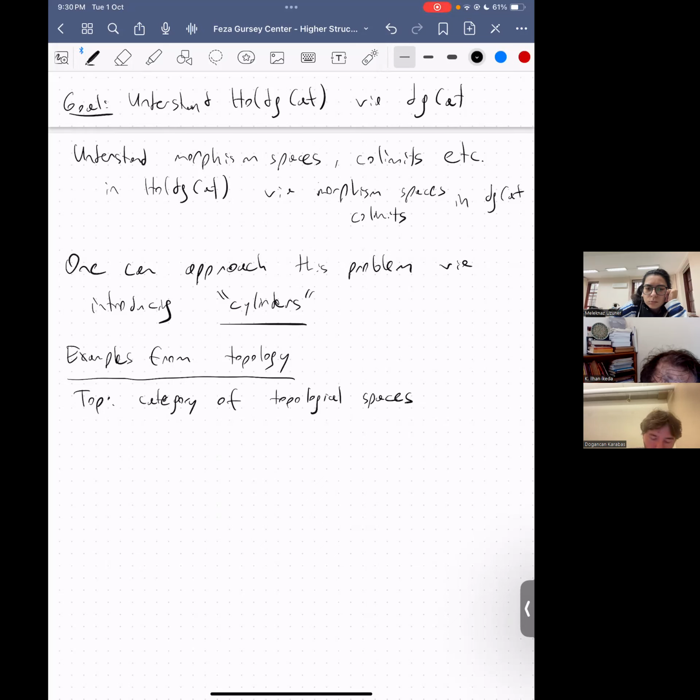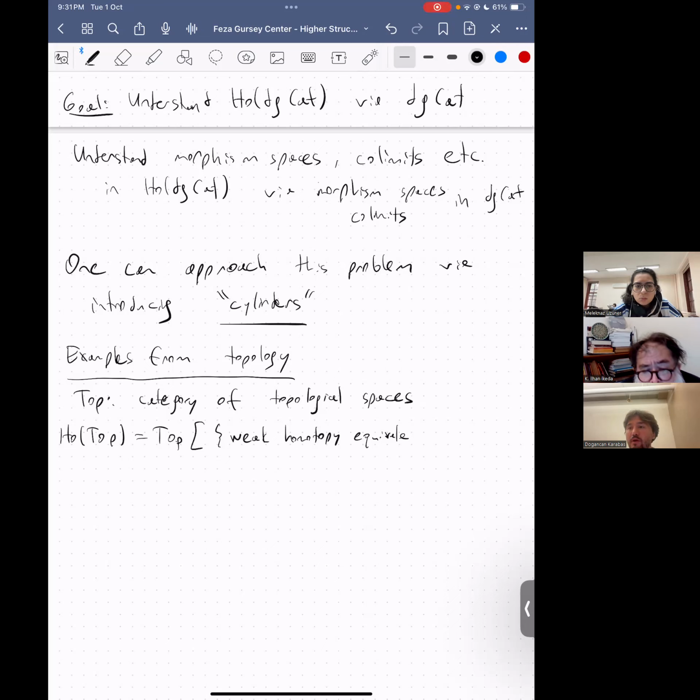And Ho Top is basically this category of topological spaces, but this time weak homotopy equivalences are inverted. Actually, this is the classical example. This is how homotopy theory actually arises. This setting.